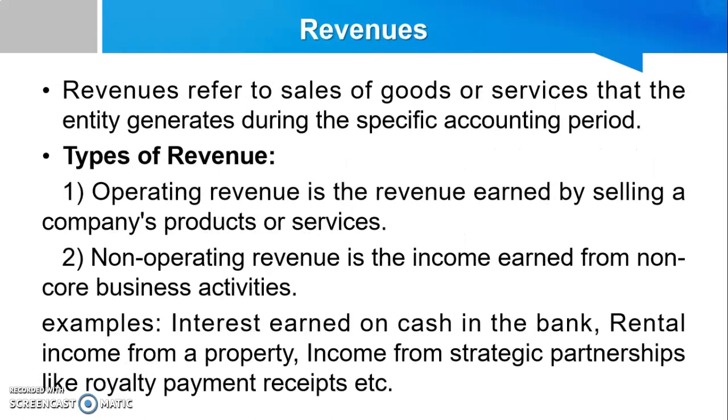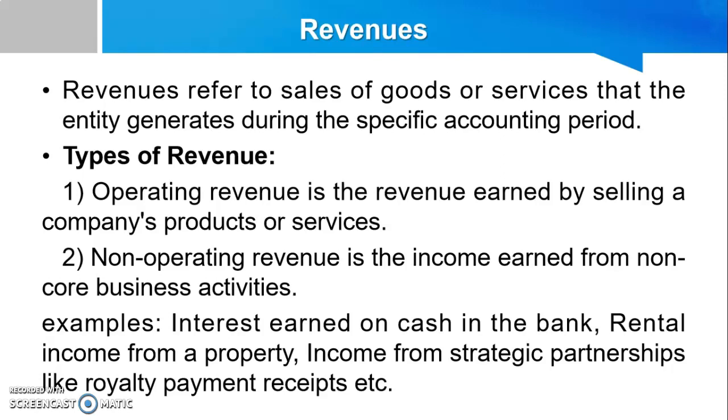Now we talk about revenue. What is revenue? Revenue refers to sales of goods or services that the entity generates during the specific accounting period. The revenues presented in the income statement include both cash sales and credit sales. In the revenue section, you can know how much the entity made in net sales for the period.